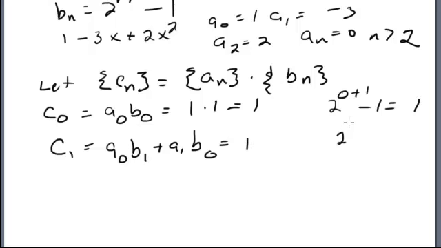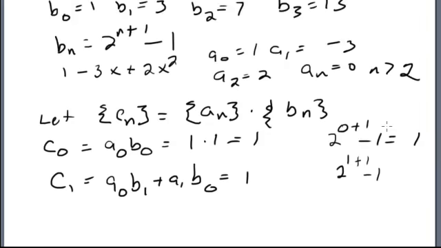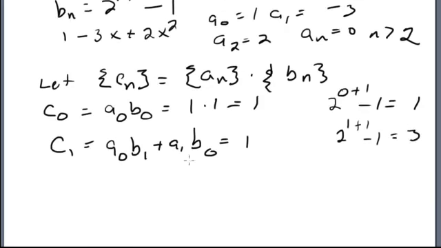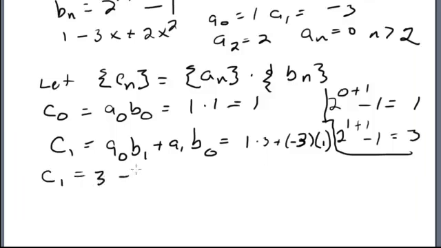B1 is 2 squared, 1 plus 1 minus 1. So that's 4 minus 1, which is equal to 3. Is that right? B1 is equal to 3. So that's times 3, plus A1 which is negative 3, times B0, which we already calculated is 1. So C1 is equal to 3 minus 3, which is equal to 0, which is good.